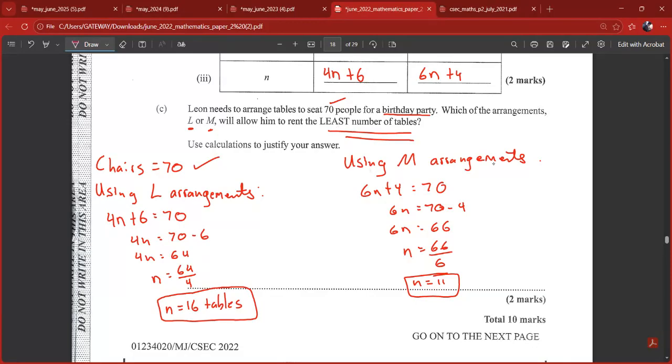It will be arrangement M. So arrangement M will allow him to rent the least number of tables. Right? That is the answer for that there.